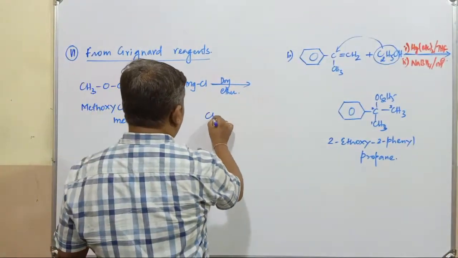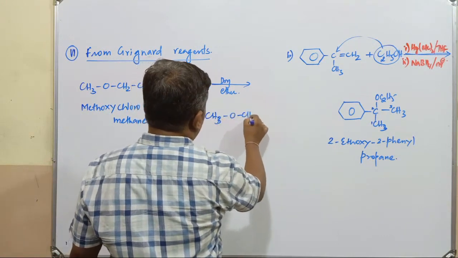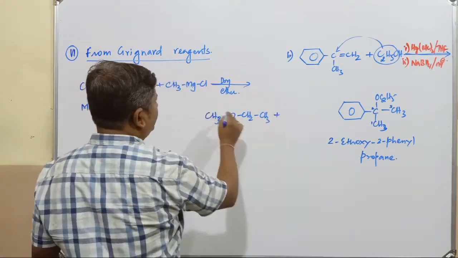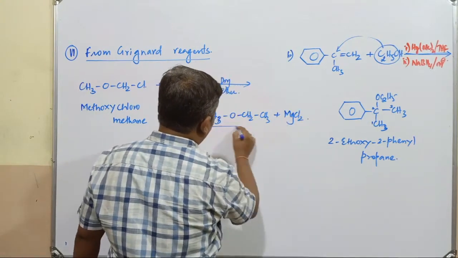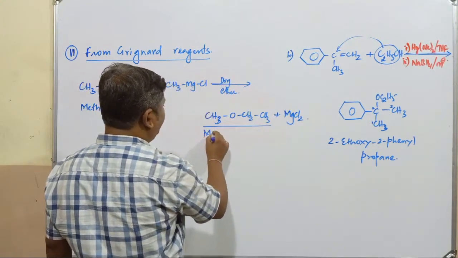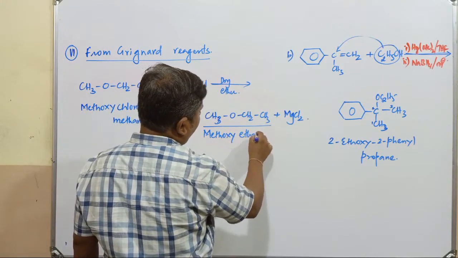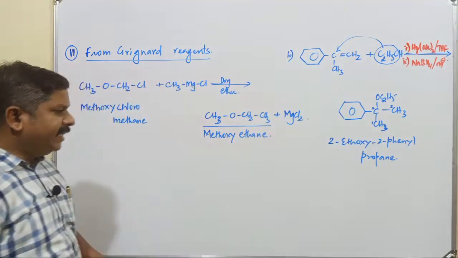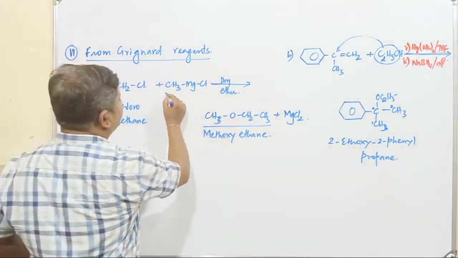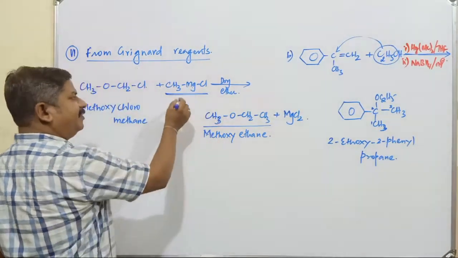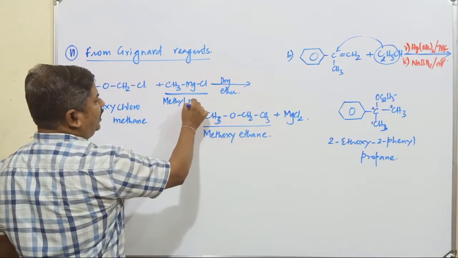As a result, the compound produced is CH3, oxygen, CH2, next CH3, and this Cl with Mg gives MgCl2. Now this compound is known by the IUPAC name methoxyethane. That is an ether compound obtained from this Grignard reaction. What's the name of this Grignard reaction? It is methyl magnesium.